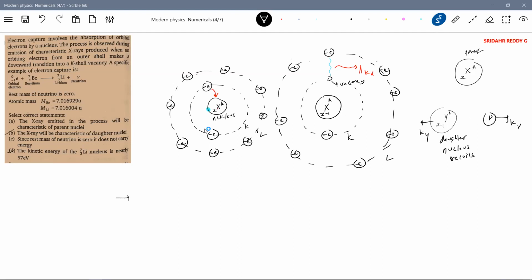The neutrino released in beta decay, will it be monoenergetic? No. Here in K capture, the neutrino will be monoenergetic.